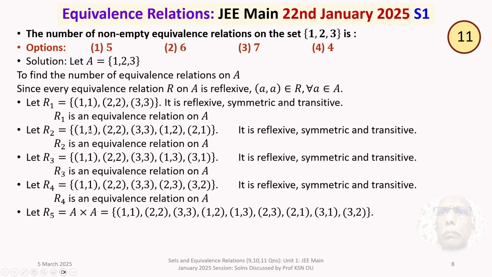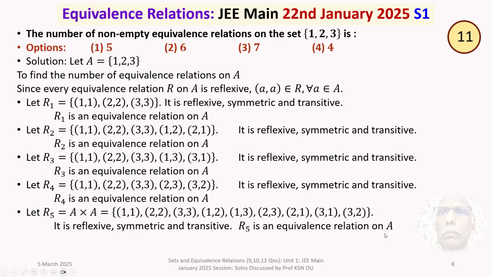A has 3 elements, so A cross A will have 9 elements. The whole A cross A is always reflexive, symmetric and transitive. Therefore R5 is an equivalence relation on A. Thus we have obtained 5 equivalence relations on A, so the number of equivalence relations on A is 5.